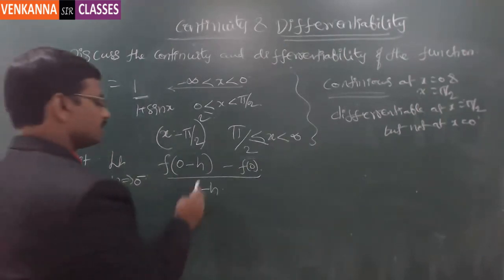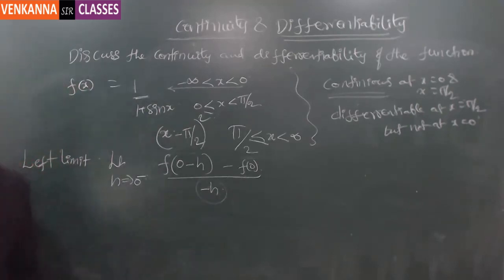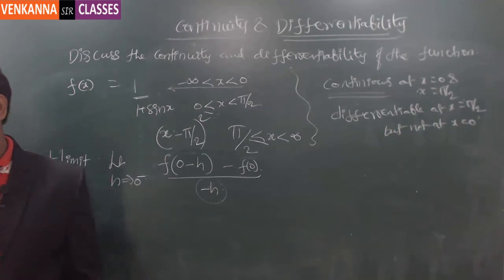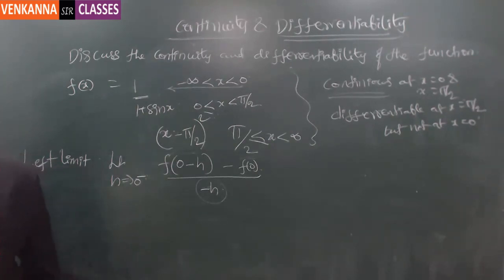Why are we taking this as minus h here? If it is left limit, then I can take it straight away as negative.